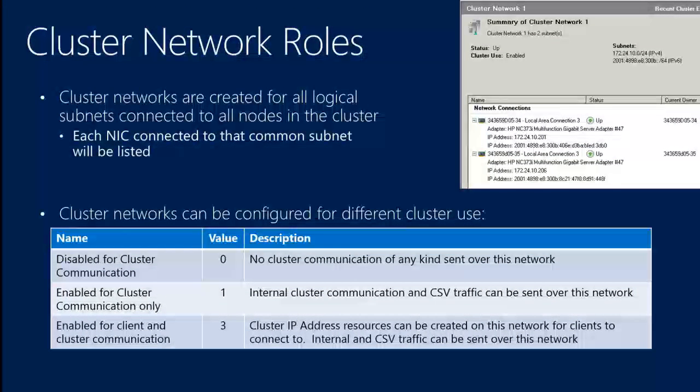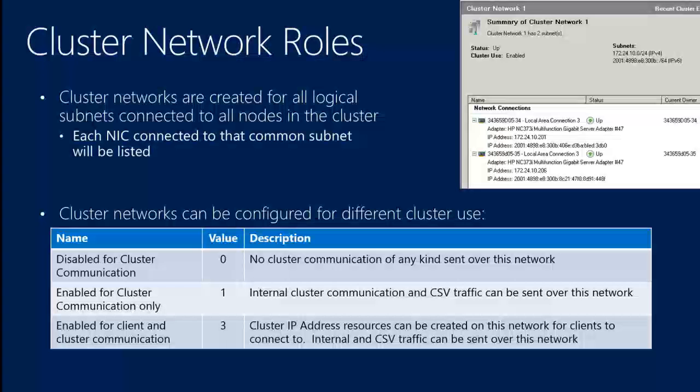Network roles. Clustering has three different types of network roles that it will define for a network. A cluster network maps to a logical subnet. We will detect all the logical subnets connected to each node in the cluster, and then we will pair them.